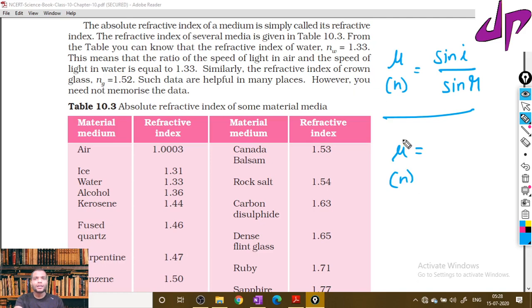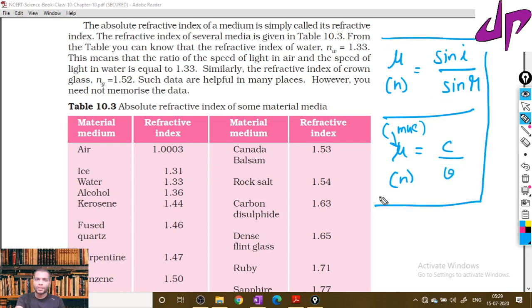Mu is the Greek symbol used for refractive index. You can read that as mu, or we can use simply n. So refractive index n equal to c upon v. So these two are the refractive index formulas. Depending upon the situation, we can calculate the refractive index value.